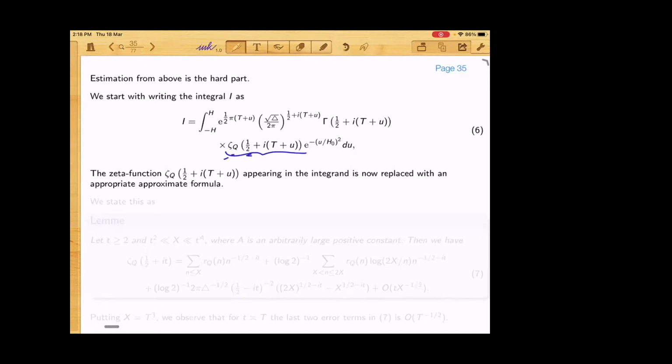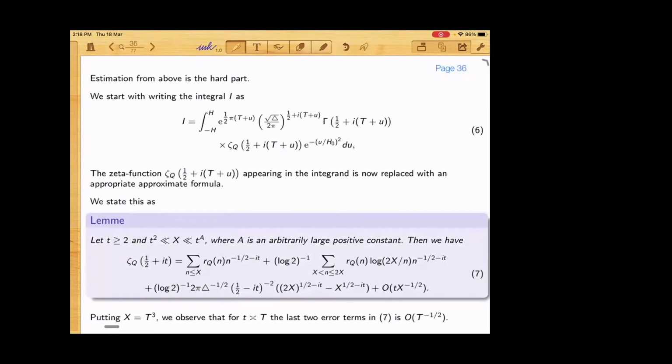Therefore, this needs approximate functional equations, and here is the approximate formula for zeta half plus it, which was developed by Jutila for cusp-form L-functions, and the same proof follows for our Epstein zeta function also. Look at the form of this one.